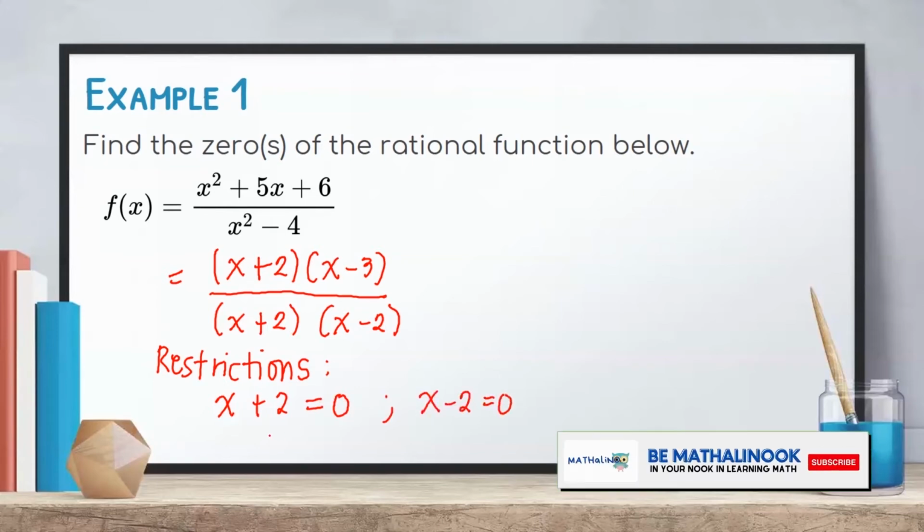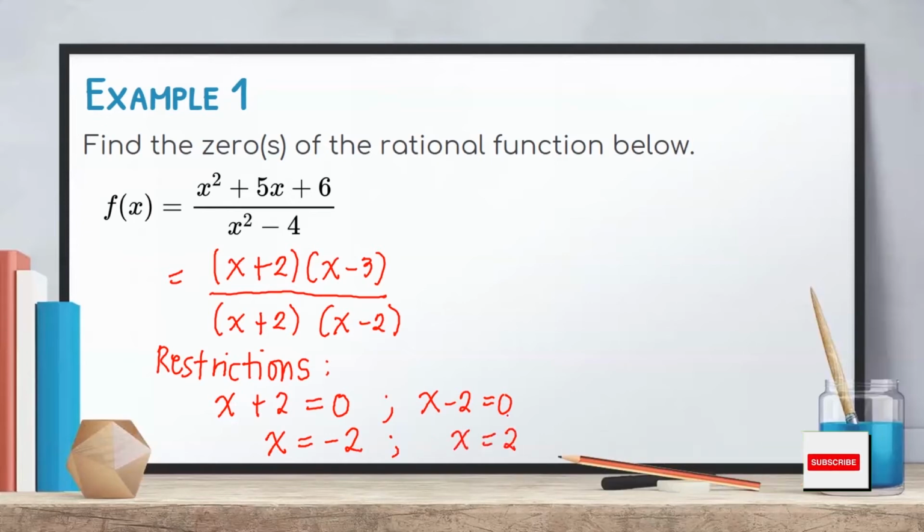When we solve for x, here we have x equals negative 2, and here we have x equals 2. Therefore, x cannot be equal to negative 2 and 2, since they will make the denominator equal to 0. If the denominator becomes 0, then the whole rational function will be undefined.